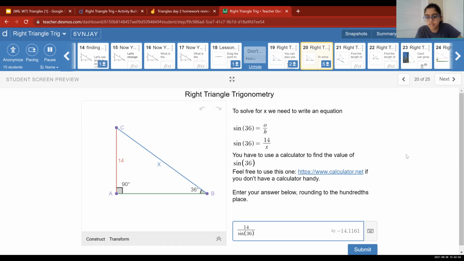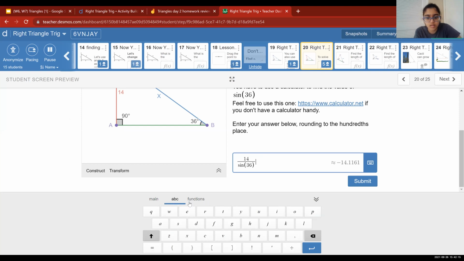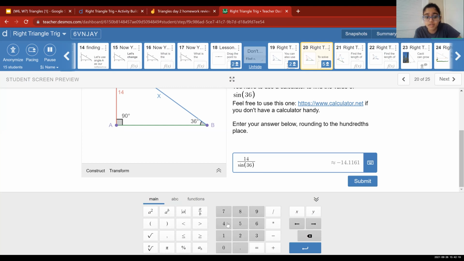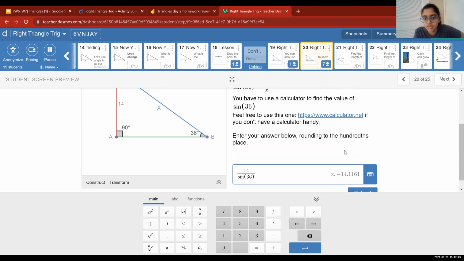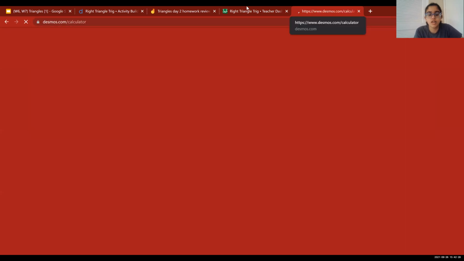Okay, let me just, I think this is in radians and not degrees. Sorry. 14 over sine 36 should not be 14. Let me just see how to change that. Okay, I'm just going to do it on Desmos on a different calculator.